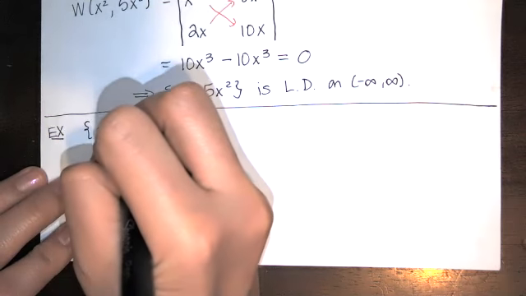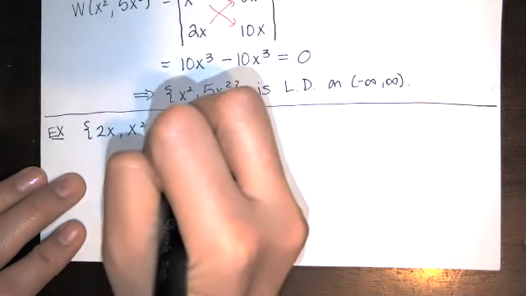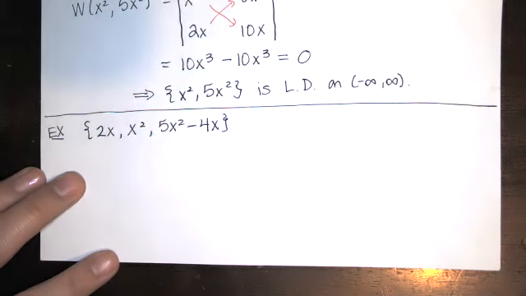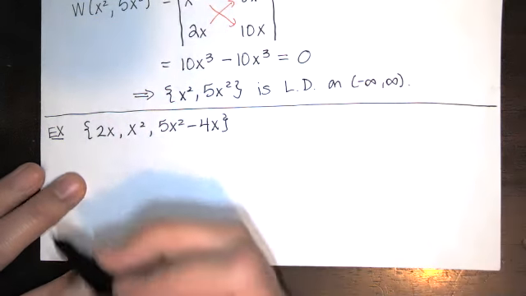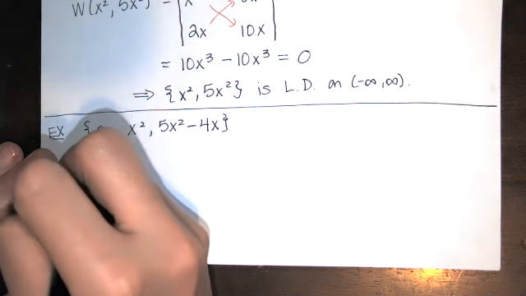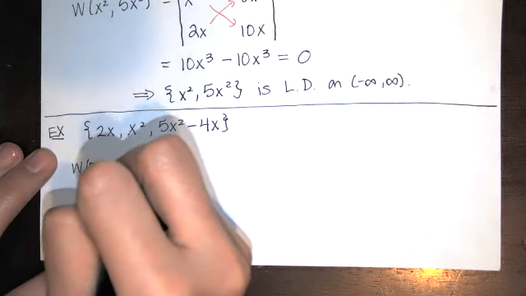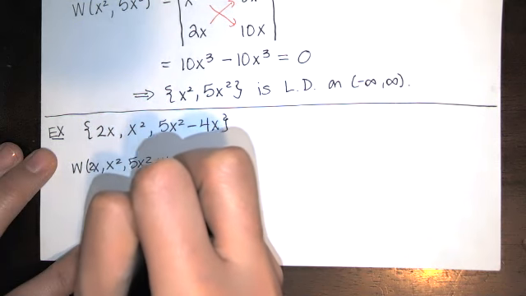I think we had a 2x and an x squared and a 5x squared minus 4x. And we proved by definition that this was a linearly dependent set. Let's use the Wronskian to show that it's linearly dependent this time. So you've got 2x here, x squared here, and then 5x squared minus 4x.